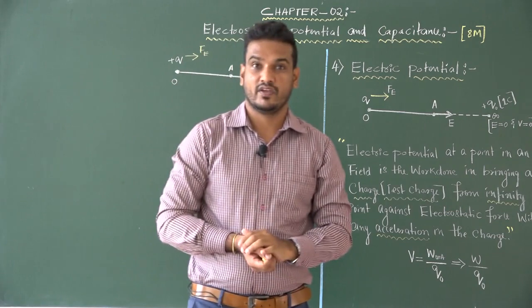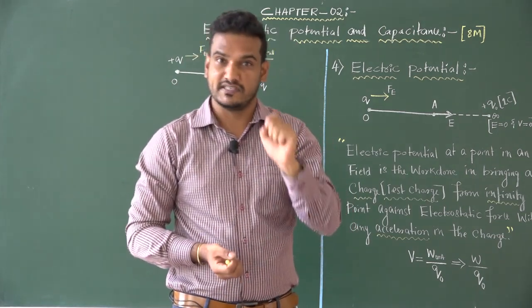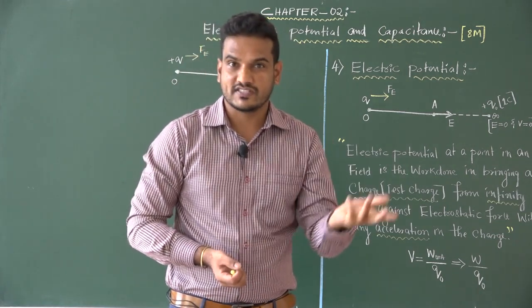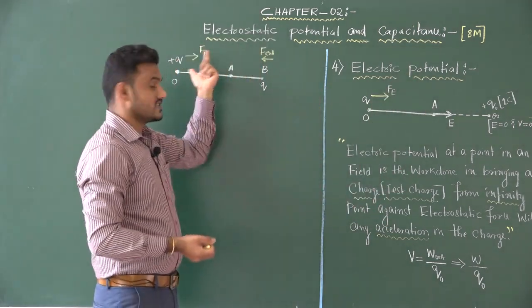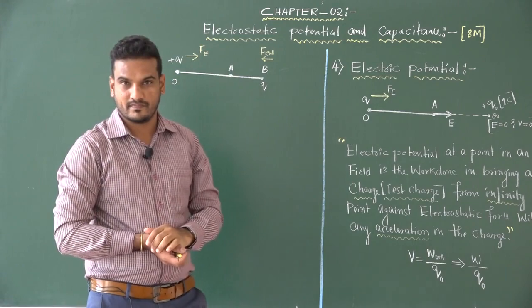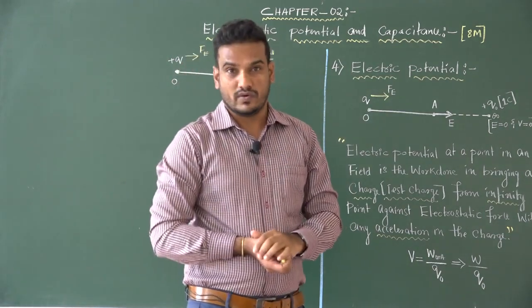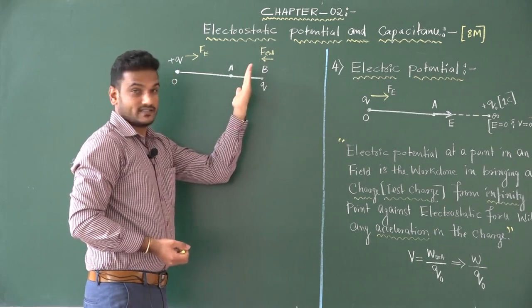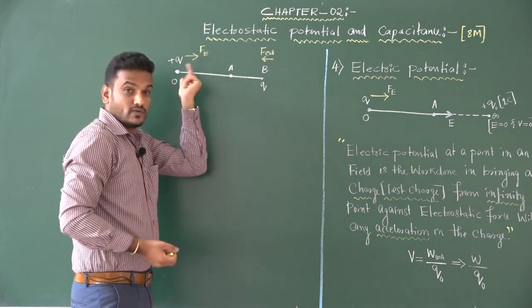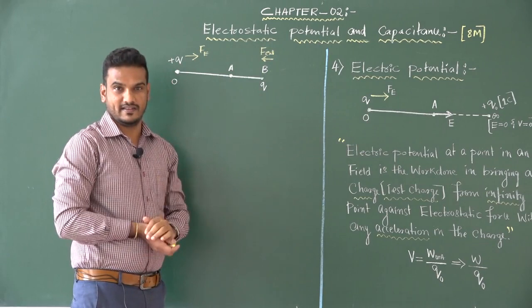Work done. Which means work is needed to move the charge from B to A against electrostatic force. And one more thing we can notice, as the electrostatic force increases, the external force also goes on increasing.